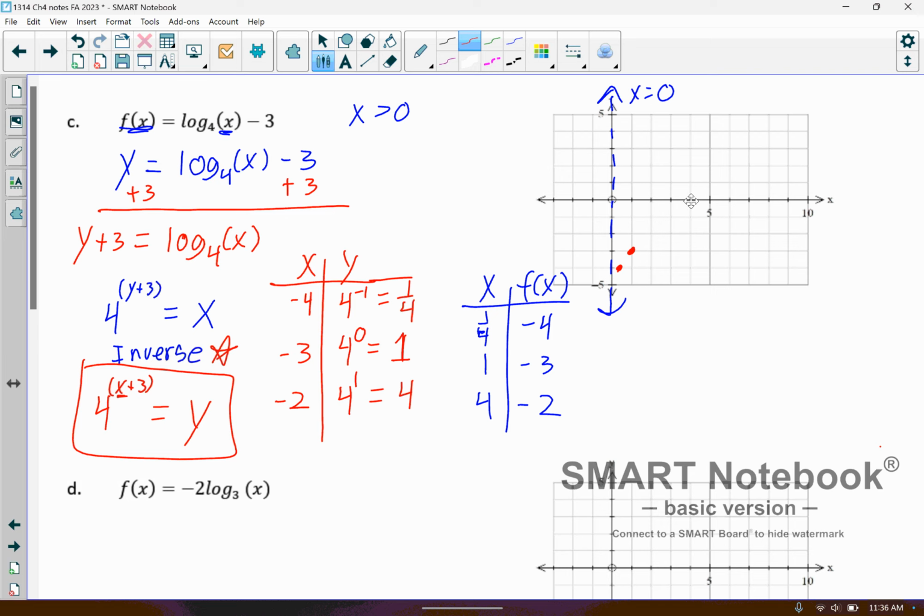And then over 4 down 2, put us about right there. And we'll go ahead and graph this going down and curving up. And that's it. Last thing I'll do is put my domain in interval notation from 0 to infinity.